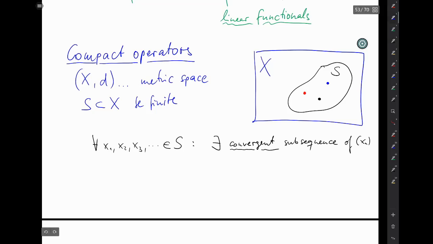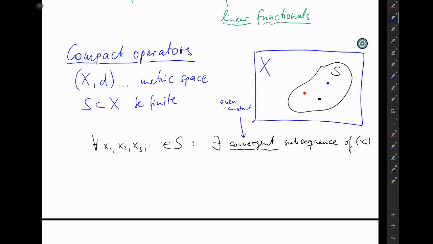Well, in our particular example, or in every finite set example, there is even a constant subsequence of xn, because if you only have three colors and infinitely many elements in your sequence, then infinitely many of them must have one color, and then you just pick that subsequence, which is going blue, blue, blue, blue, blue all the time, assuming that blue has been picked infinitely many times.